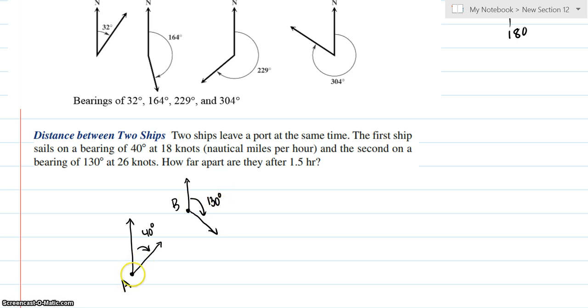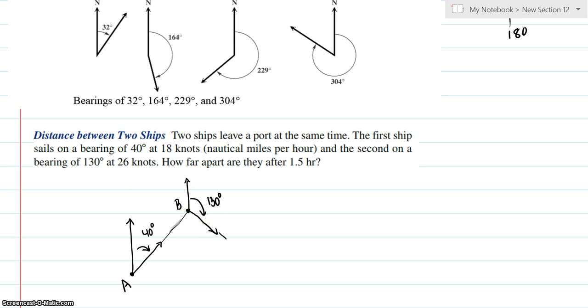Right, so as he's going 18 knots, or nautical miles per hour, he's going to go in that line right there, following his initial position. So he's going to end up somewhere. So let's just say that instead, we still can call it B, but that's where he ends up.